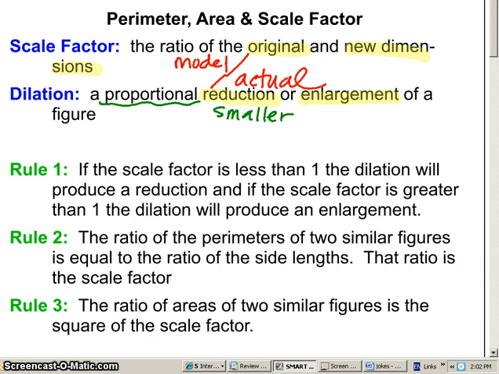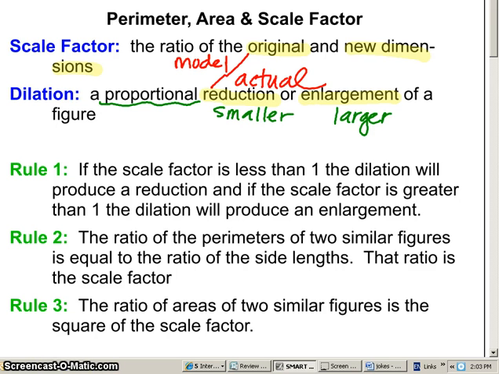Or you could have a dilation that's an enlargement, and this would be that your picture gets larger, and again it happens proportionally. So if your wrist is 5 times larger, your nose has to be 5 times larger, and your feet have to be 5 times larger, and so forth.